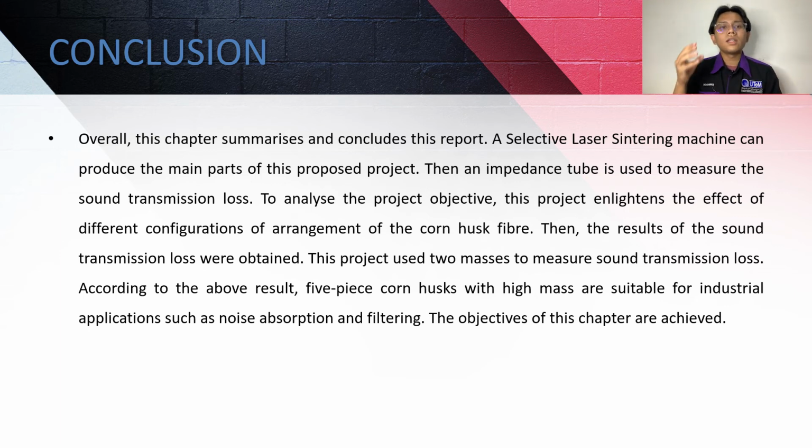After that, the results of transmission loss were obtained, and according to the results, in this project the 5 pieces of cone husk fiber with the high mass are suitable for industrial applications such as noise extraction and filtering.